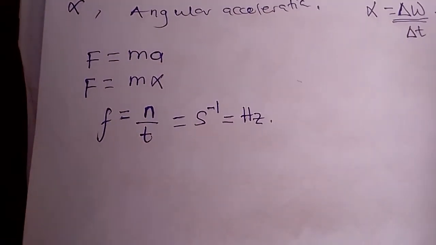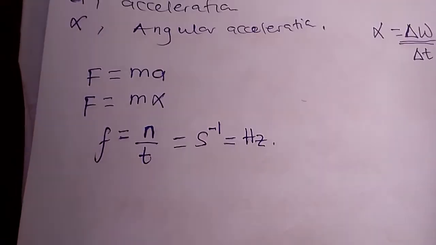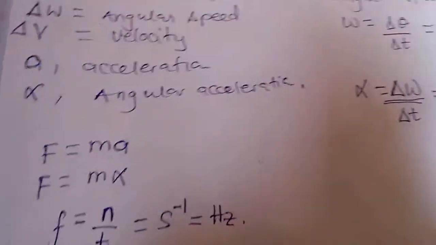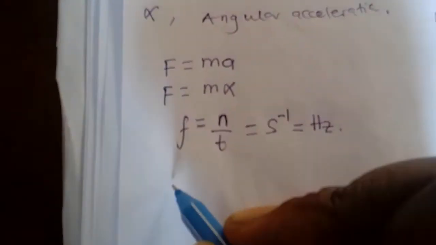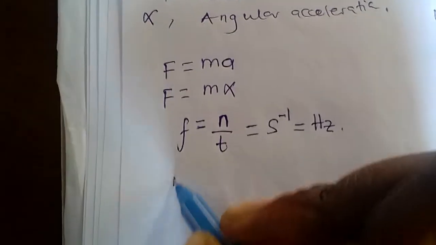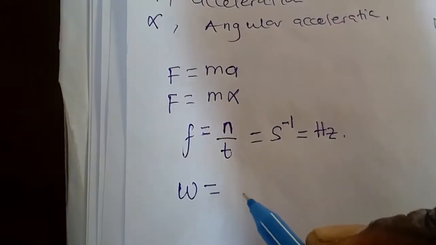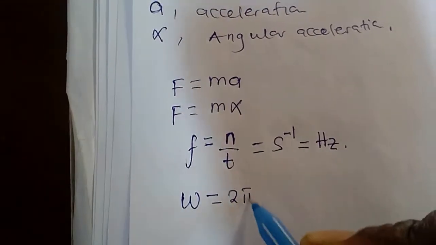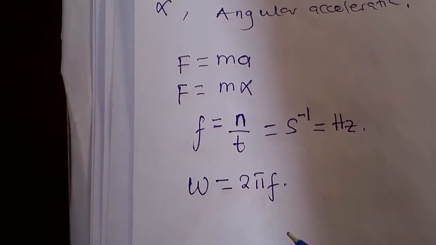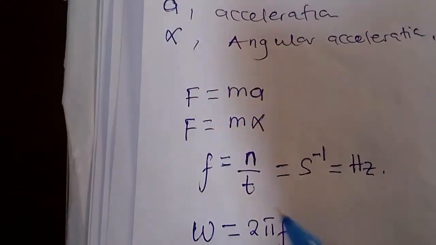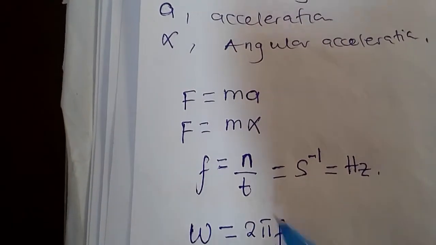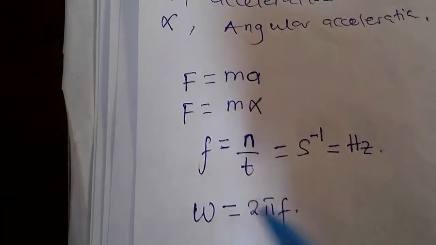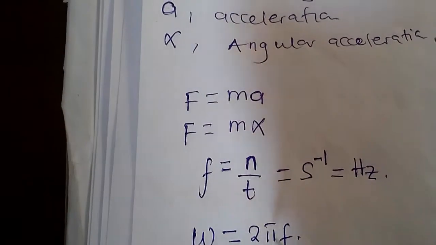So if we want to find the frequency with reference to angular speed, we use the formula: angular speed is equal to 2 pi frequency. Now, the reason why we've said 2 pi frequency, 2 pi is the space that has been covered. In terms of angles, we've covered that much angle.